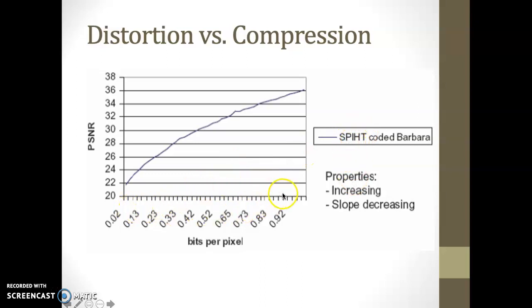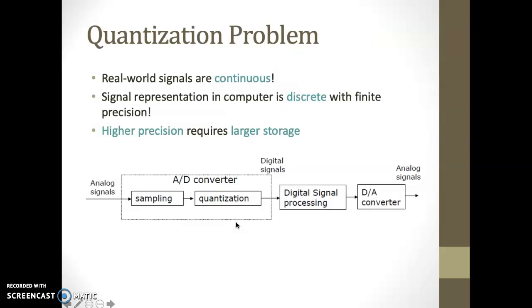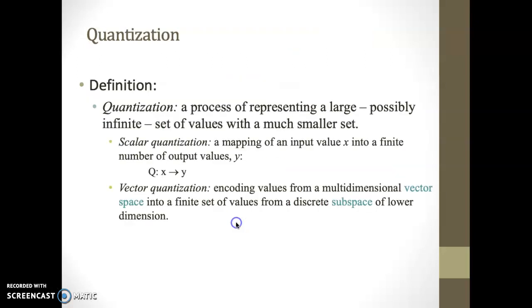The more bits per pixel, the higher the PSNR will go. So you have to trade off between the distortion and the compression.